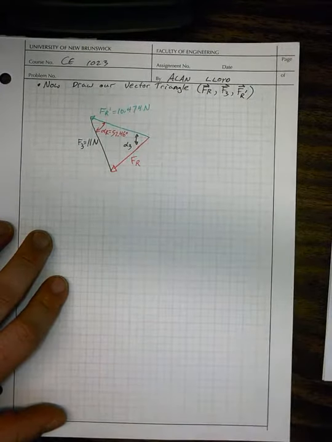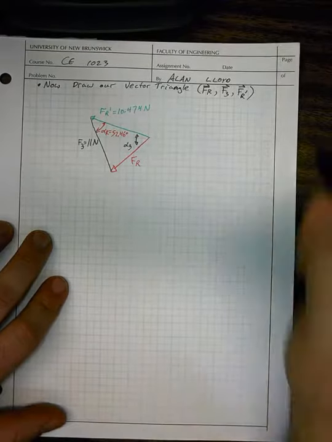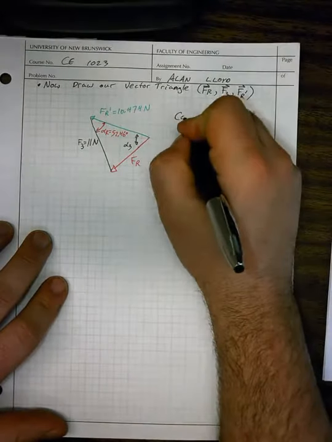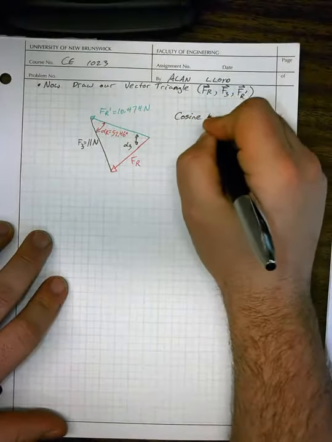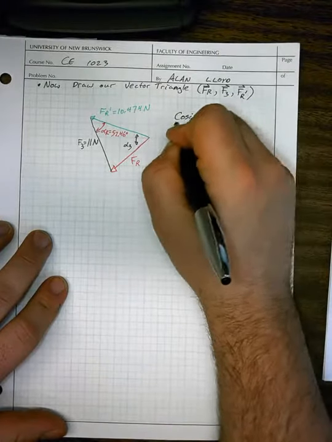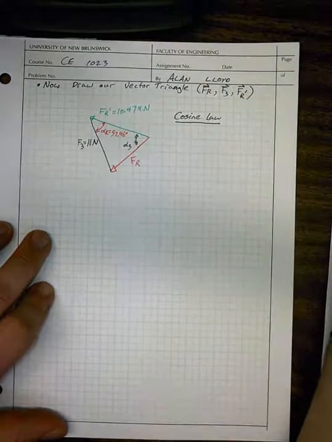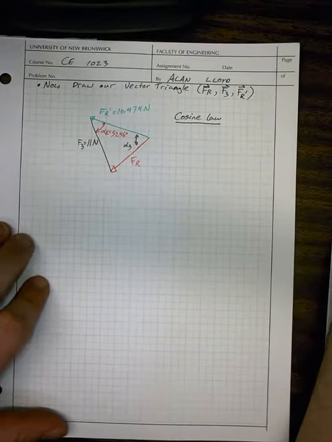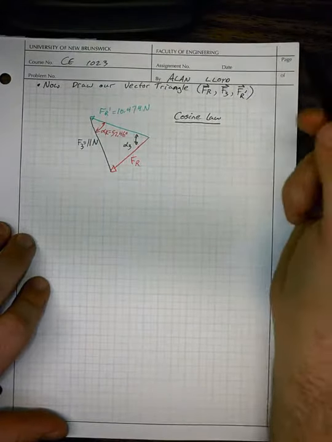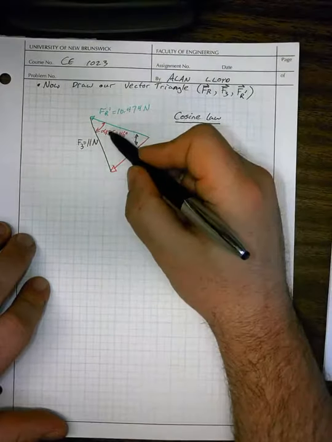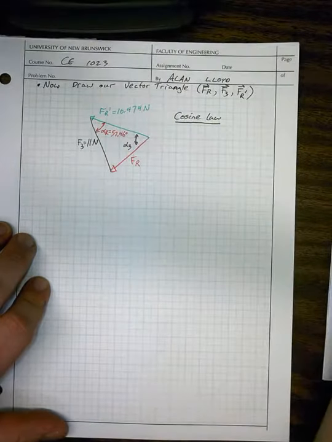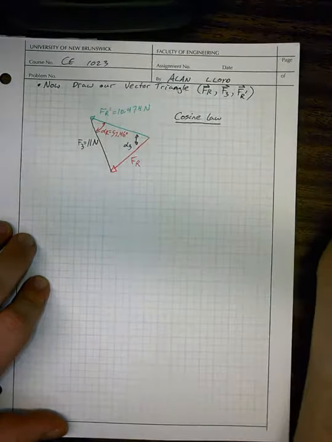So to get FR, we can employ the cosine law. Now remember, if we have 3 known quantities in a triangle, we can solve for the other 3 using the sine and cosine law. We have an angle and 2 sides, so we can solve for the opposite side to that angle.